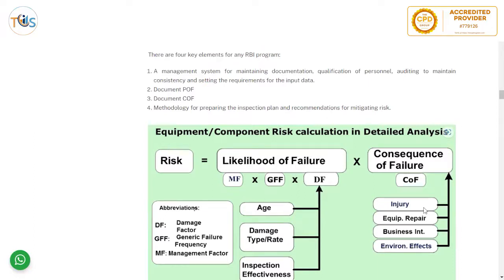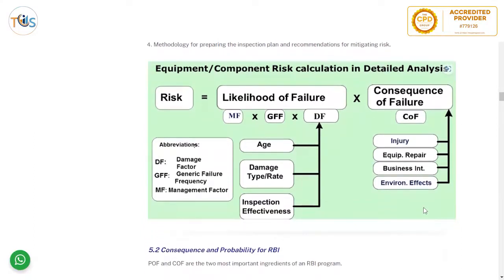for mitigating risk. So if you look at this flow chart, risk is equal to likelihood of failure, or probability of failure, times consequence of failure. Now, likelihood of failure depends on age, damage type and rate, and inspection effectiveness, because if you can detect the crack or the defect, you can repair it or remove it, thereby reducing the likelihood of failure.